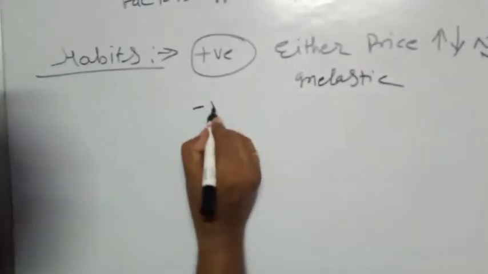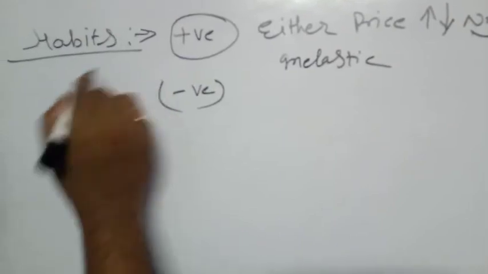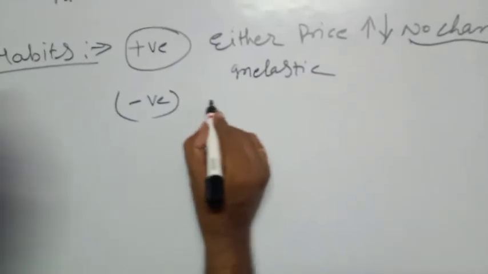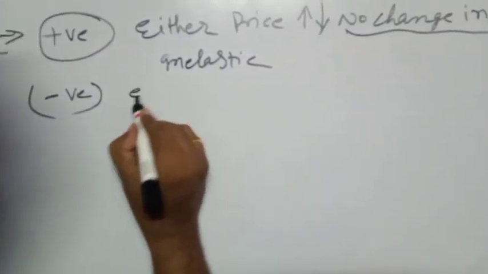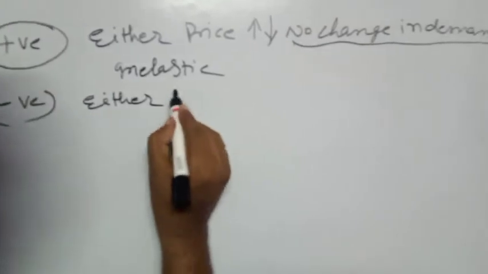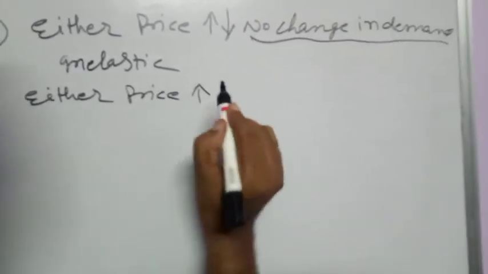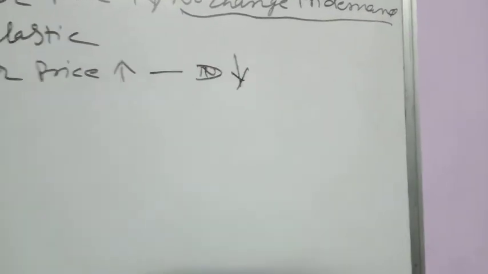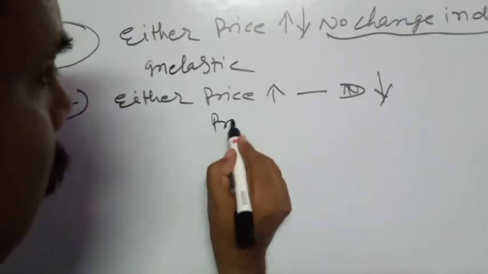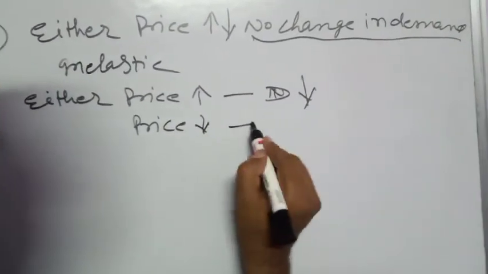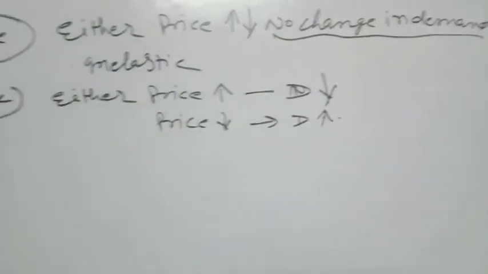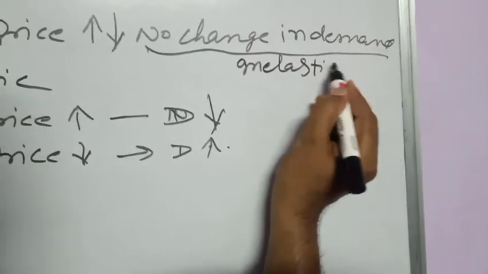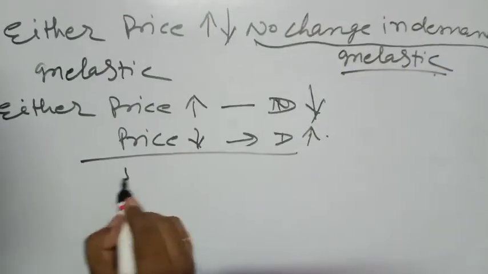But if I have a negative attitude or negative relation with the habit, then if the price rises, we are not ready to buy, so demand falls. Is it clear? And if the price falls, the demand will increase. So in that case it is not inelastic, whereas it is highly elastic.